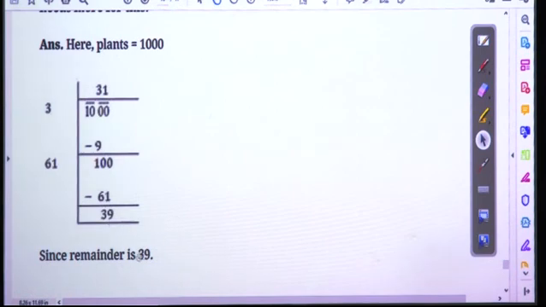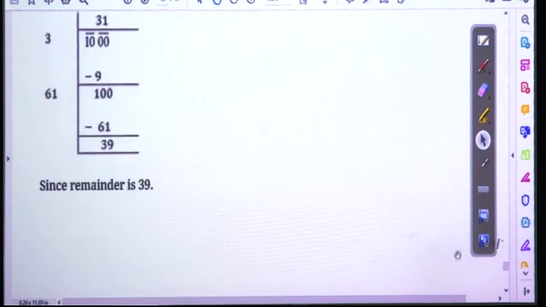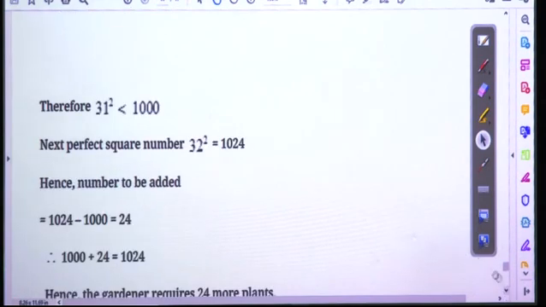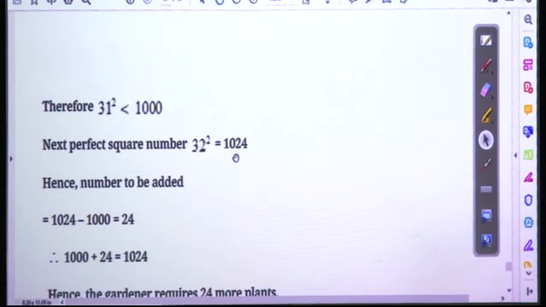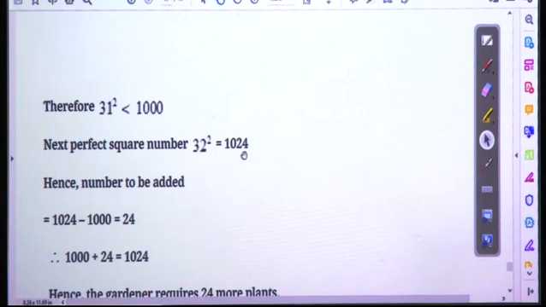So what is the remainder? The remainder is 39, and 31 square is less than 1000. The next perfect square number is 32 square. And how much is 32 square? 32 square is equal to 1024.